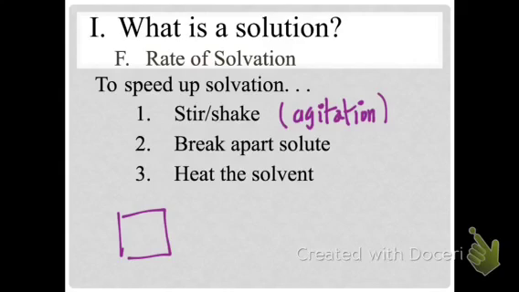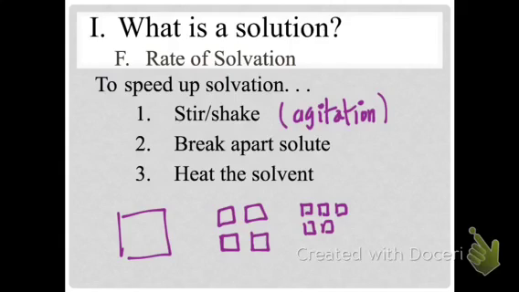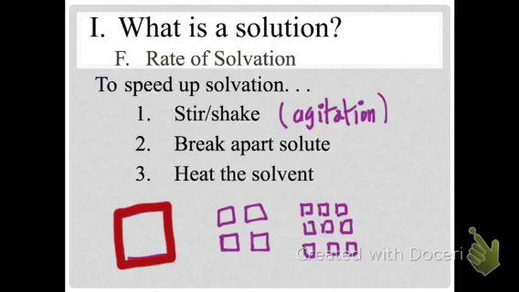So if I give you something and ask you to dissolve it, you've got a couple of choices. If you're looking at this as which one is going to dissolve the fastest, again, you can only dissolve from the outside in.